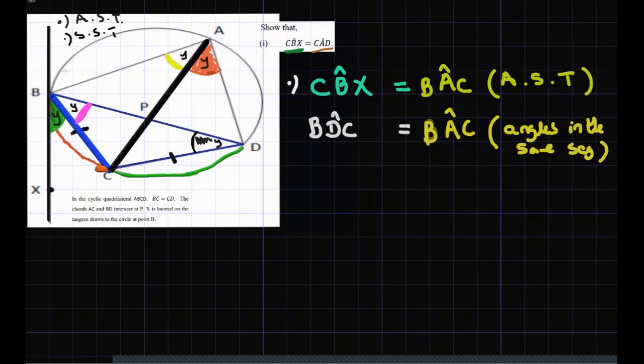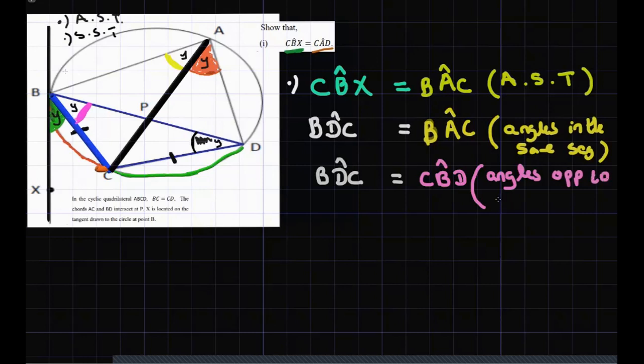So we said angle BDC, that's the black angle, is equal to the pink angle, CBD. What's the reason? Angles opposite to equal sides in a triangle.